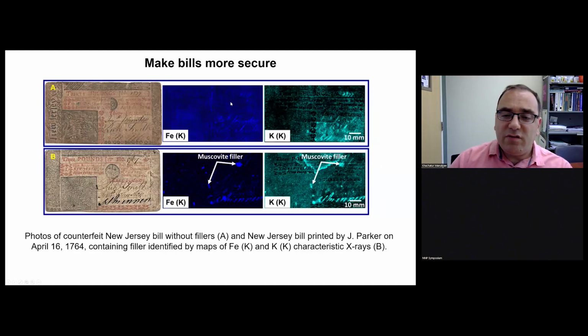This hypothesis was somehow confirmed when we looked at fake bills and then real bills. This is a bill printed by James Parker. No, this one, the lower one. This is a bill printed by James Parker, and you could see lots of these muscovite crystals inside it. But the fake bill from the same time period does not have these features, these crystals, this more localized iron concentration.